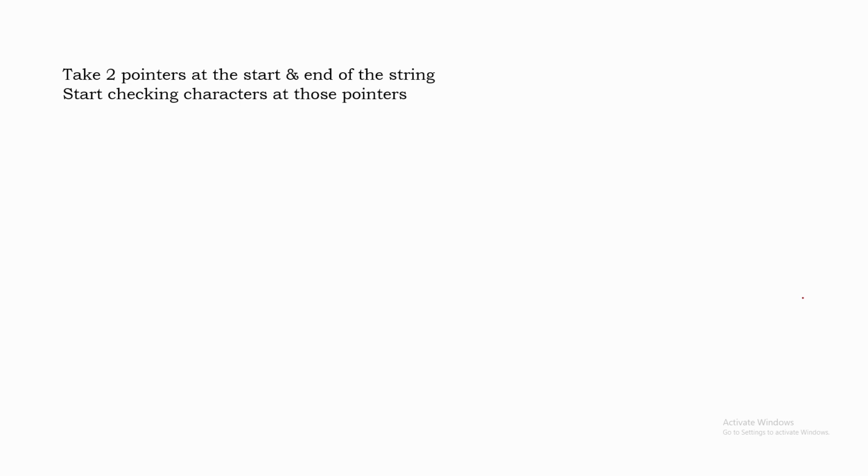In every step we'll check whether the characters at those 2 indices are equal. If they are equal, then we simply increment the value of start and decrement the value of end, and keep checking until start is greater than or equal to end. That means they both merge at the middle point.